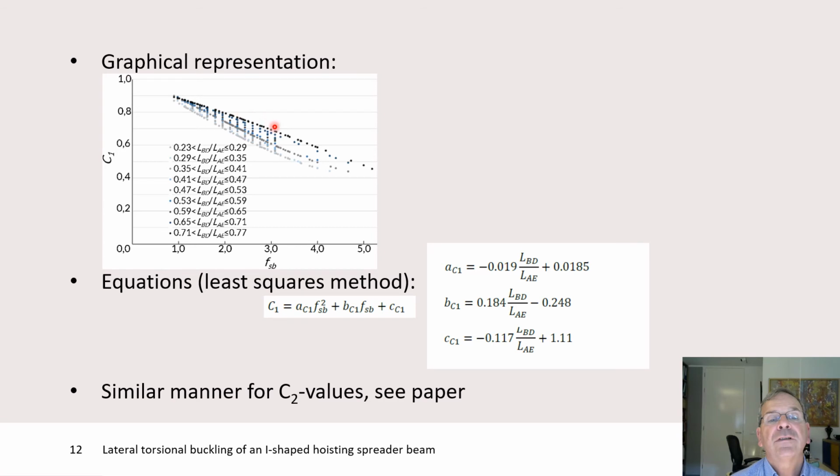The lines in different shades of gray are for the length ratio, the length between the points where the cables are attached and the points where the loads are attached. We could fit these graphs with equations by the least squares method. These are the equations. And in a similar manner, we could also find equations for C2. Now, having C1 and C2 values, we can evaluate M critical.